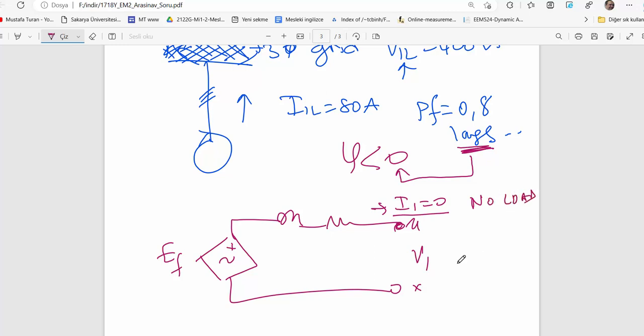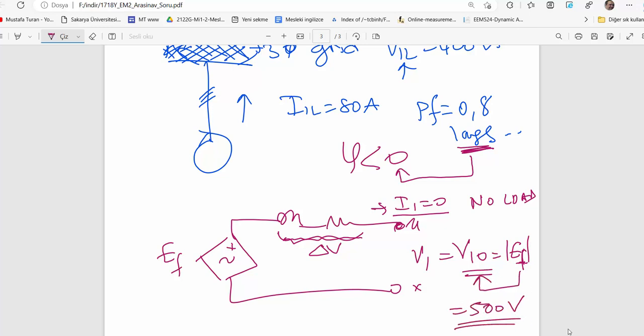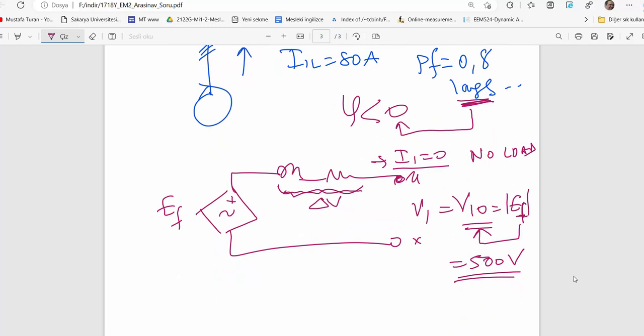In such a case, terminal voltage is equal to no load voltage. There is no voltage change across those elements, so EMF will be equal to that voltage, which is given in the question as 500 volts. It means that magnitude of EMF is 500 volts.